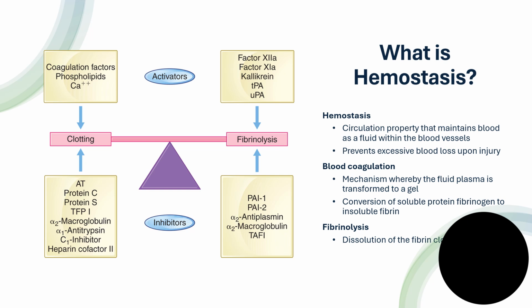Blood coagulation is a mechanism that transforms that fluid plasma into a gel by converting the soluble protein fibrinogen into an insoluble form called fibrin. Hemostasis occurs in stages, first primary, then secondary hemostasis, then finally fibrinolysis.